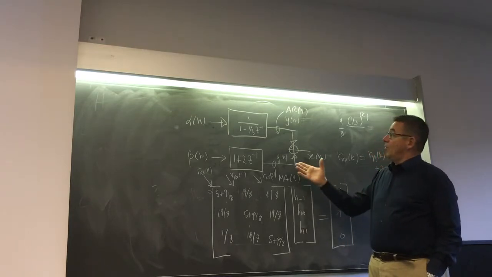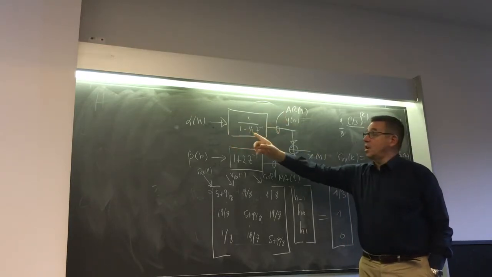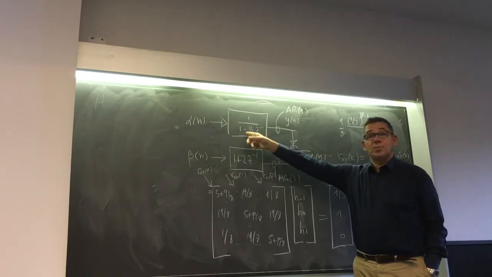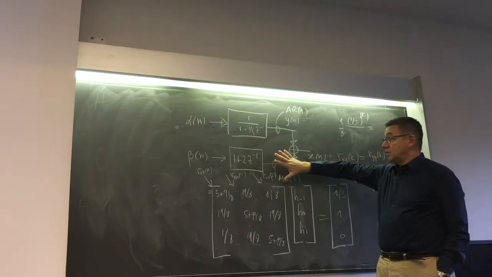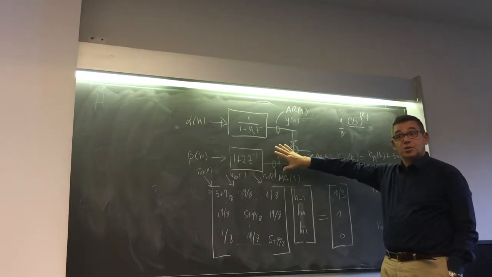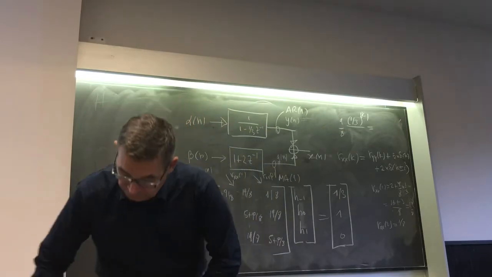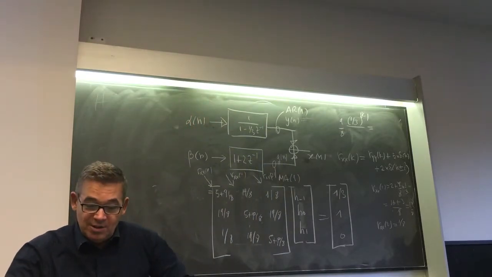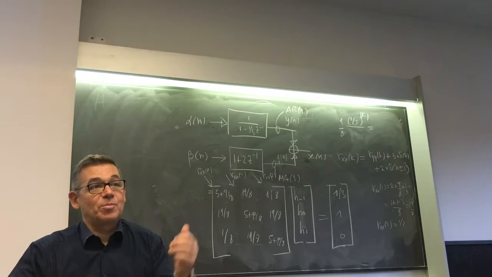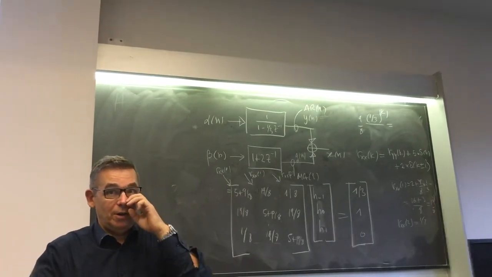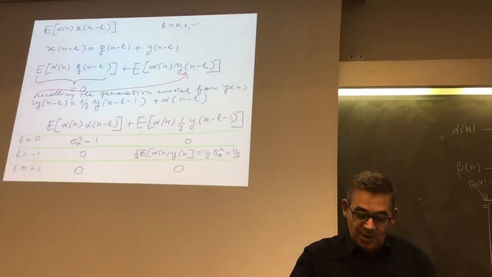The optimum estimate of alpha is not the filter that perfectly inverts this. The reason is that there is noise, and the noise is correlated. So if some of you have a calculator, you can calculate the optimum solution.